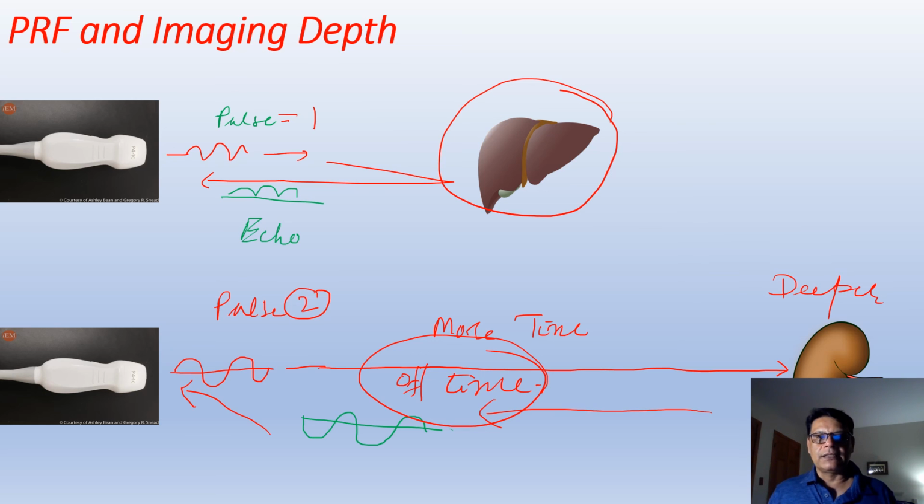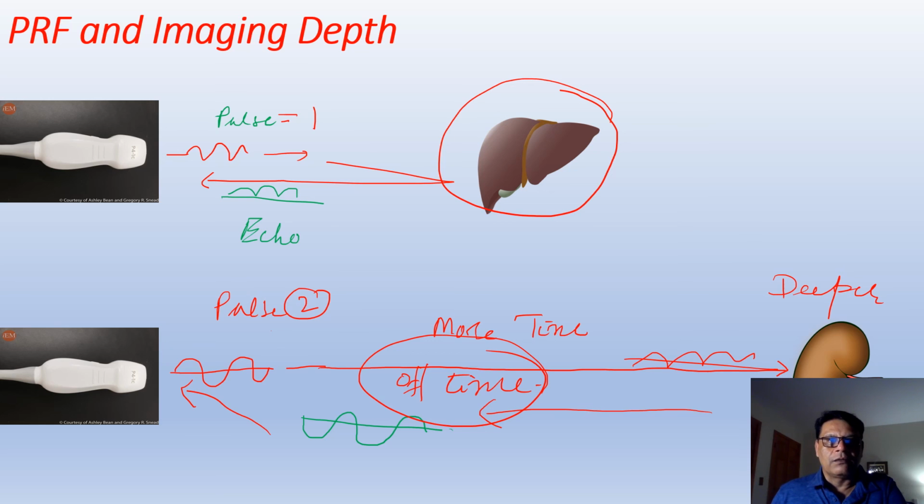So by increasing the depth, you increase the off time, and when off time is increased, the pulse repetition frequency is decreased, because it will create the second pulse after a long time, because the echo has returned after a long time. So in this way, when you increase or decrease the depth, the pulse repetition frequency and pulse repetition period are affected.